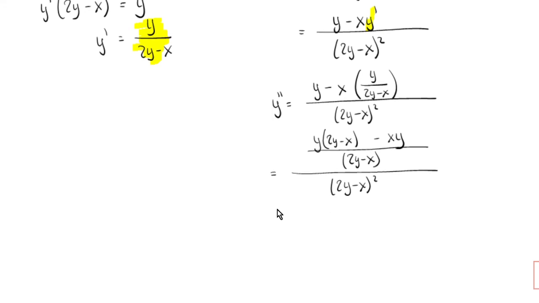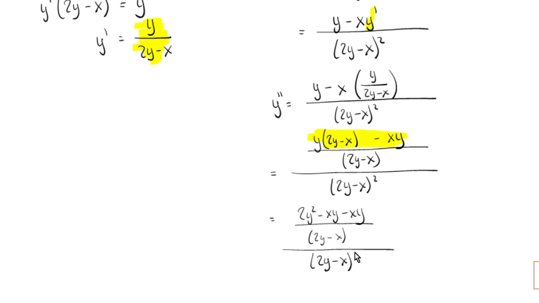Let's expand the numerator of the numerator. So this is going to be 2y squared minus xy minus xy, divided by 2y minus x, over 2y minus x squared.